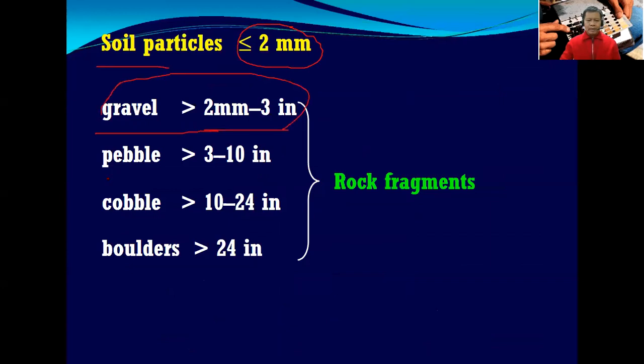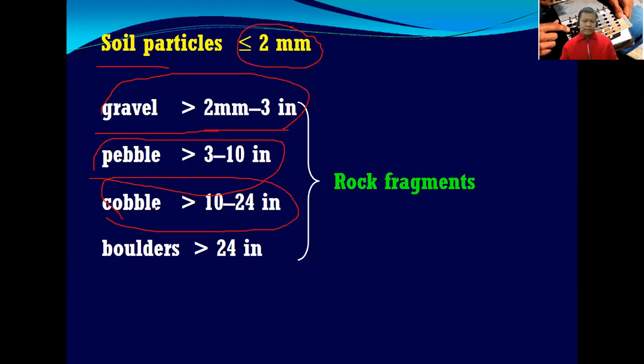Pebbles, more than 3 inches to 10 inches, are also not included. Cobbles, 10 to 24 inches, and boulders, more than 24 inches, are rock fragments. They are not considered under the soil particles or the soil separates.